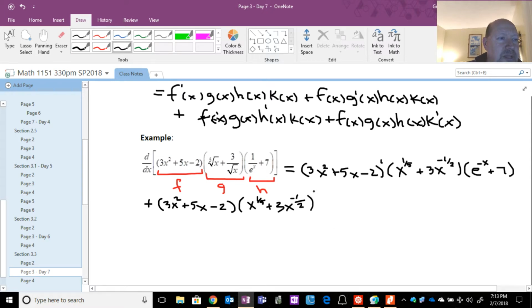So we're going to take the derivative of that times e to the negative x plus 7.